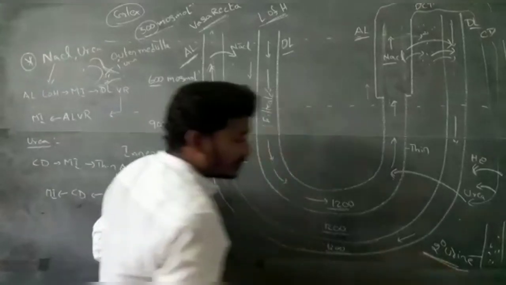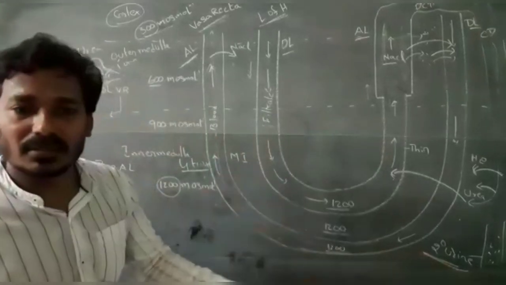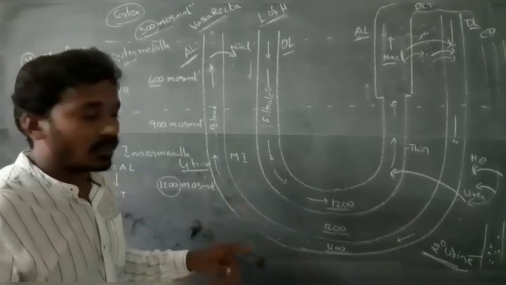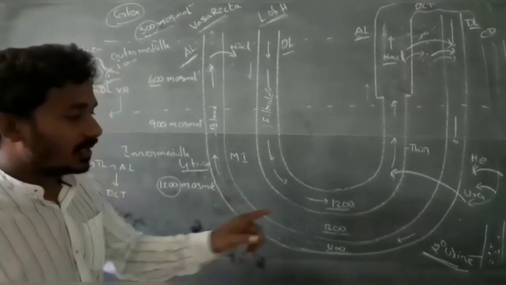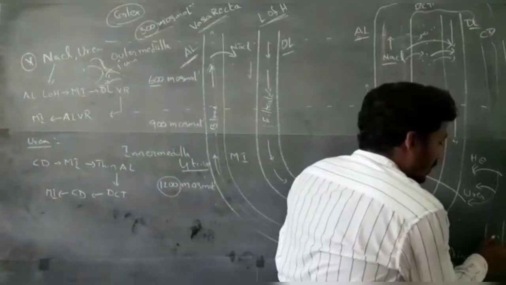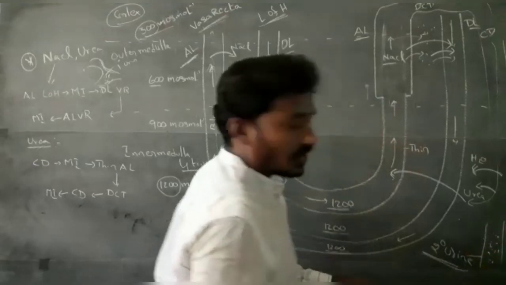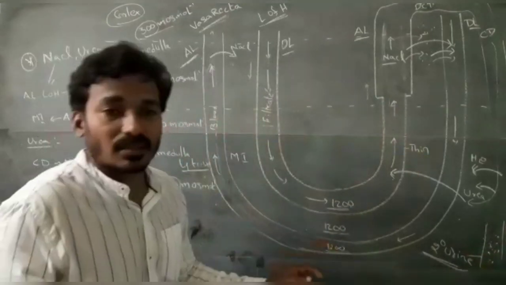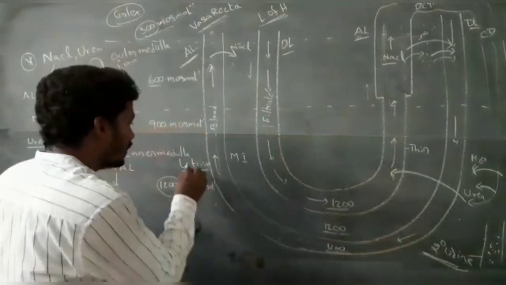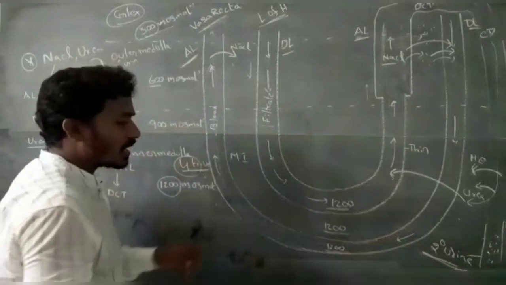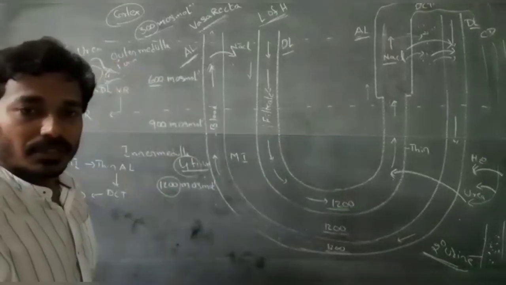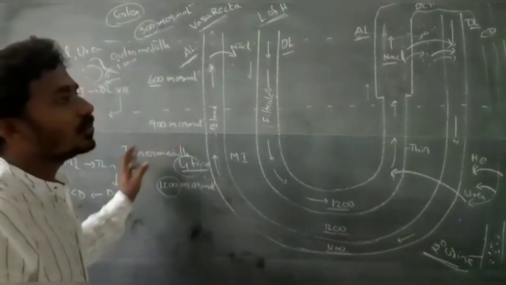Secondary urine is hypertonic to the blood. It is highly concentrated because only waste materials and less water are present in the urine. Important, 4 times more concentrated than the primary urine. This is the urine formation.